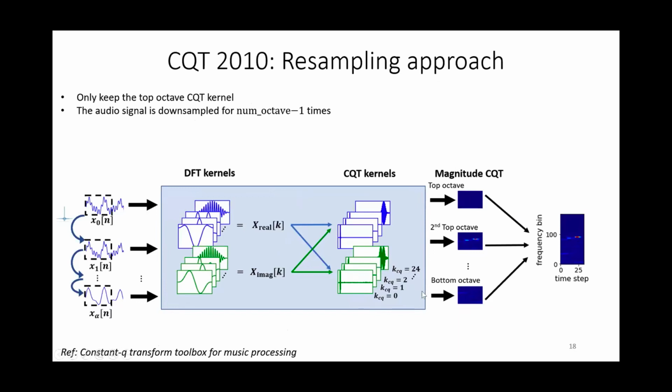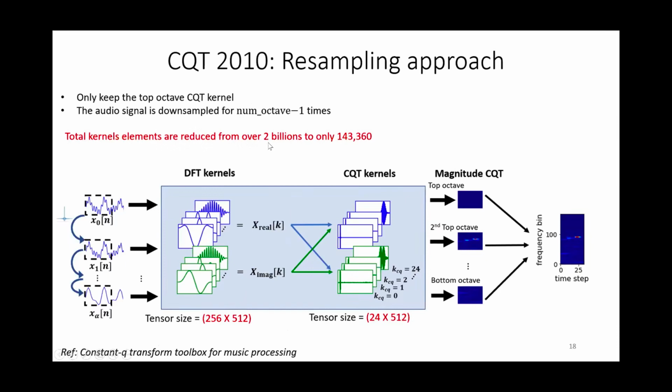The advantage of doing this is that we avoid a really low frequency kernel, because as I've mentioned before, the lower the frequency, the longer the kernel is. So we only take the top octave kernels to avoid this problem. In this case, we reduce the tensor size a lot. Originally, in 1992, the implementation has 2 billion parameters. Now we reduce it to only 100,000 parameters.